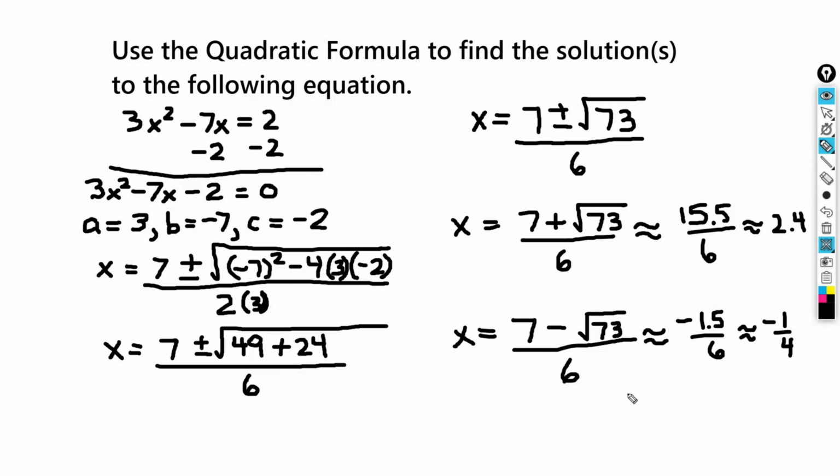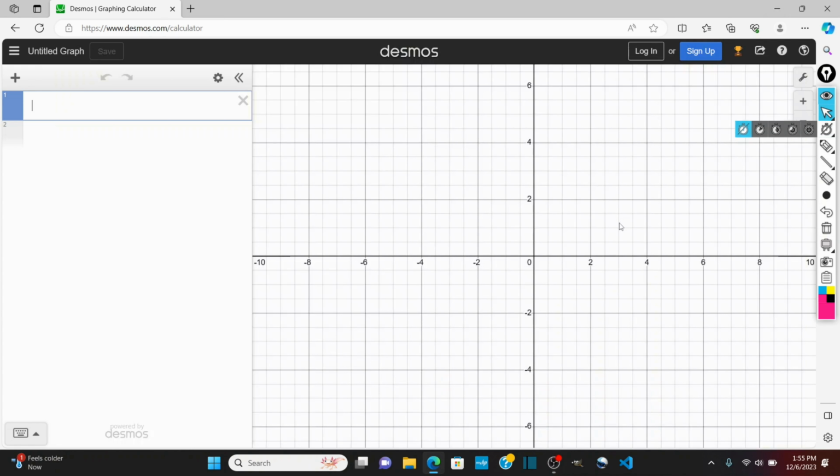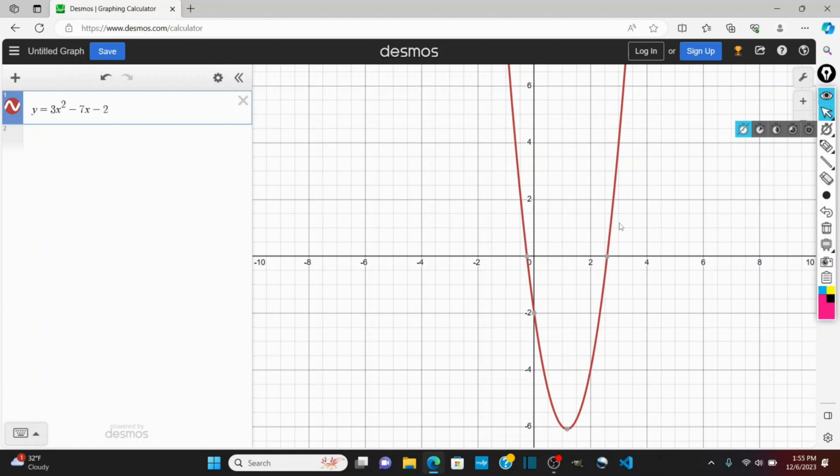So what we're going to do is take this and check out where these solutions are. We're going to set this equal to y. So I'm going to say y equals this. Okay, so let's jump to Desmos. Let's plug in y equals 3x squared minus 7x minus 2.